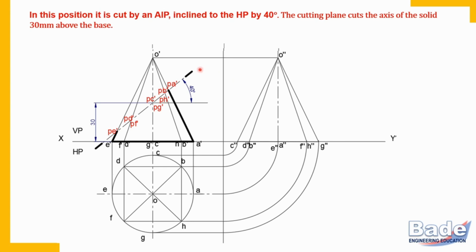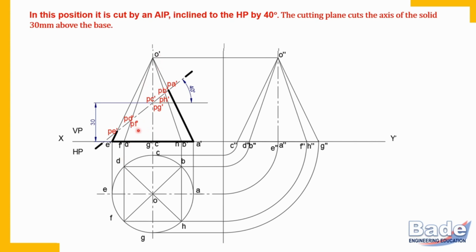Where the cutting plane line intersects generators, label those points with an extra letter P. So PA is the point of intersection of the cutting plane line and generator OA. Similarly, PB and PH, PC and PG, PD and PF. PD and PF are coinciding of course, because there are 2 generators here, OD and OF.